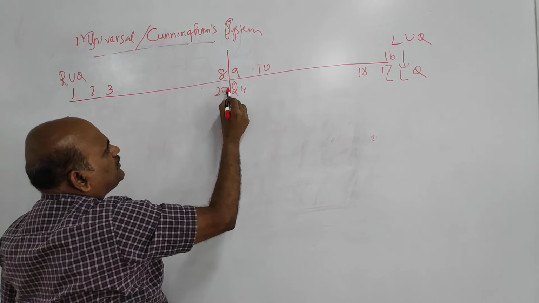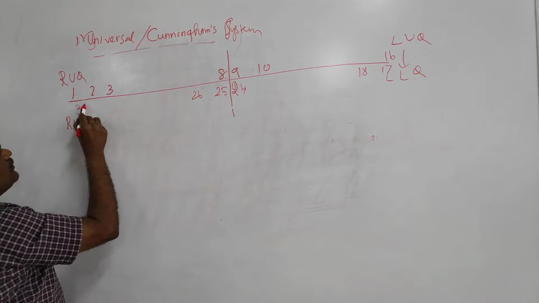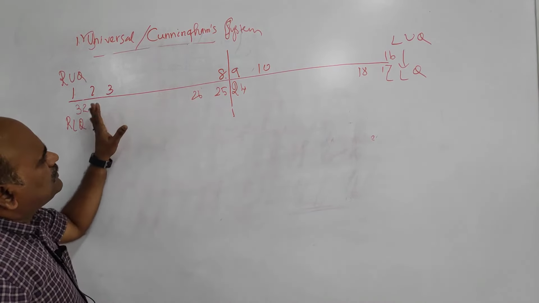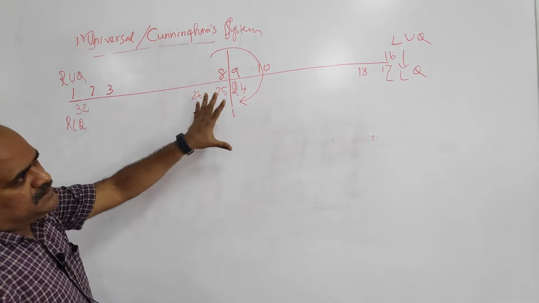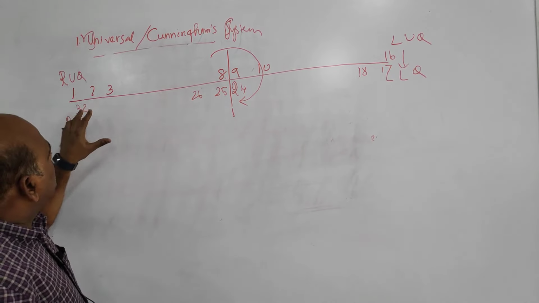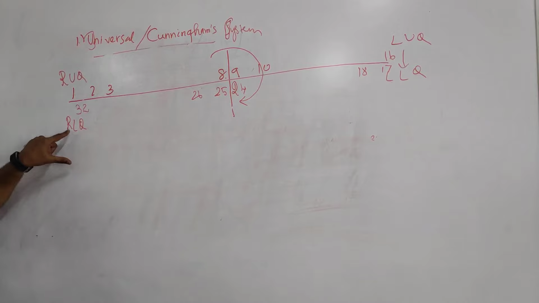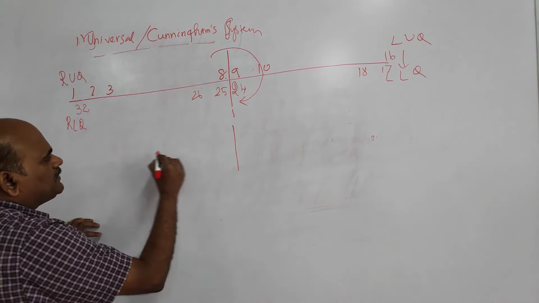Then from 25, 26 up to 32. So 1 to 32 in the clockwise manner, starting from the right upper quadrant and ending in the right lower quadrant. This is for permanent teeth.